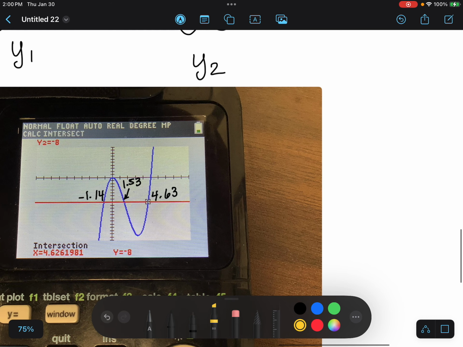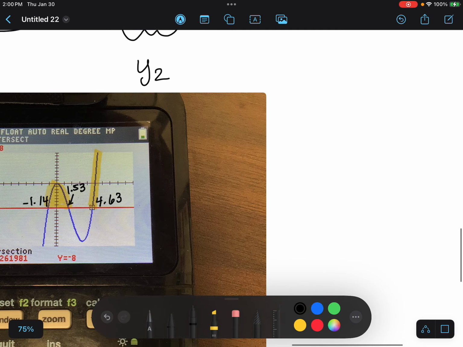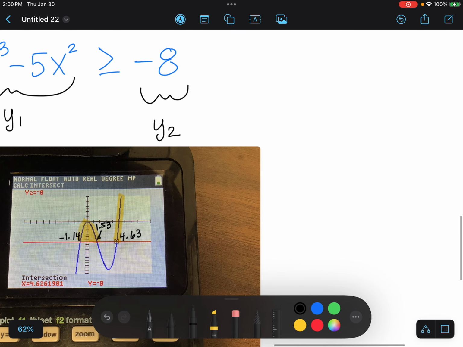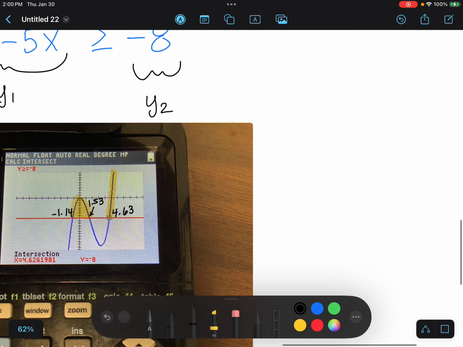show you. I want to know when is the curve above, so it's above it on this section, and it's above it here. And so to write that, we use our interval notation stuff, and because it's at equal to, we're going to use brackets. So we have bracket, negative 1.14 to 1.53.